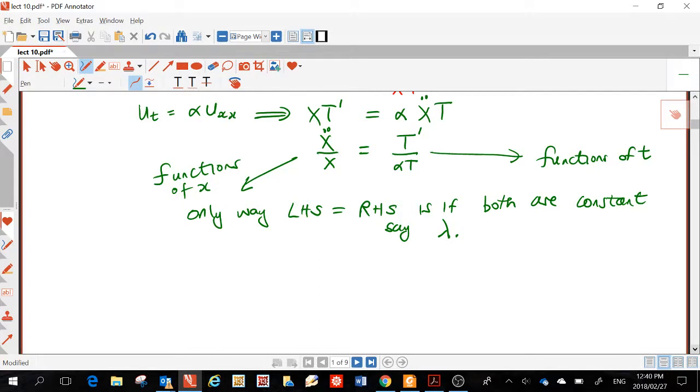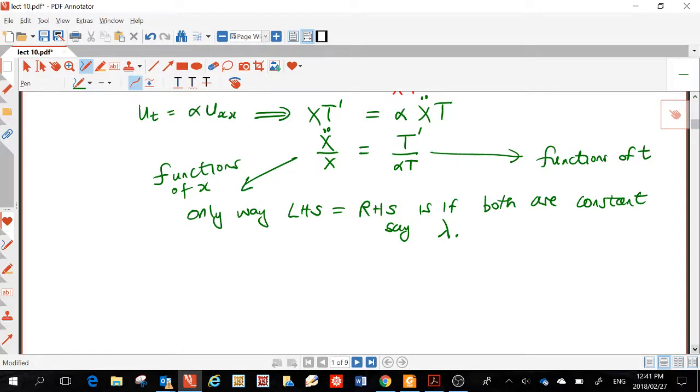If you're not believing it, just raise your hands and ask, and I'll repeat it. I am claiming that the only way a function of x and a function of t could ever equal each other is if both are numbers. They are just numbers. They cannot have x in them or t in them. If they do, then they will never be equal. How can something with an x in it be equal to something with a t in it? It's impossible. The only possibility is that both are constant.